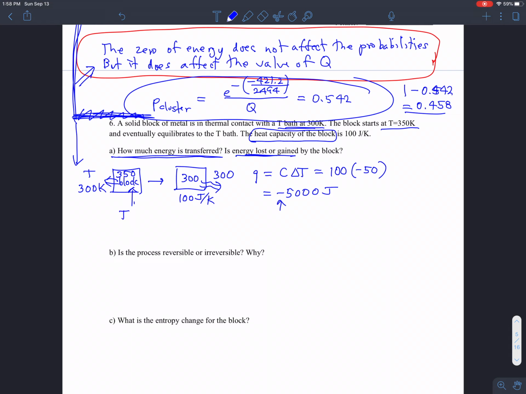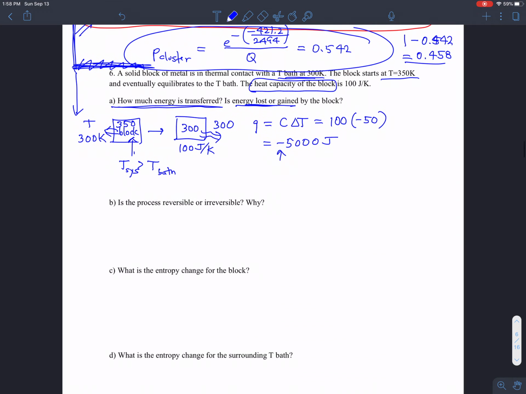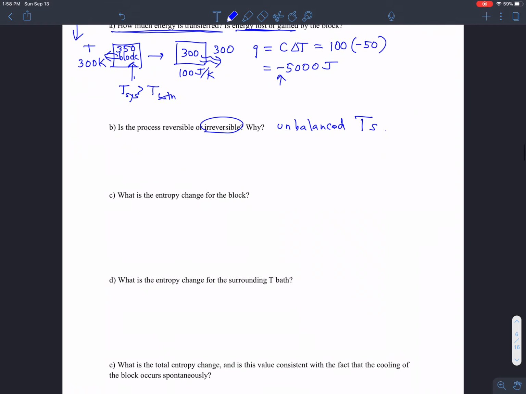The temperature of the system is higher than the temperature of the surroundings or the bath, and so the thermodynamic forces are unbalanced, and so this is irreversible. It's irreversible because of unbalanced temperatures.